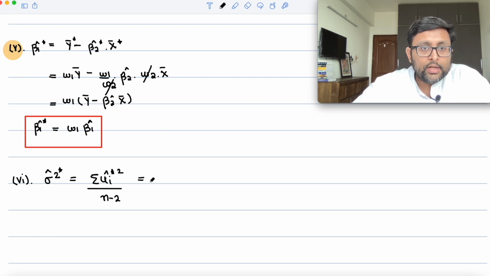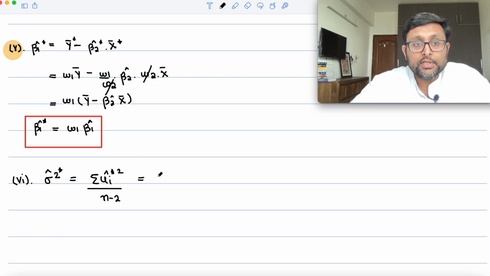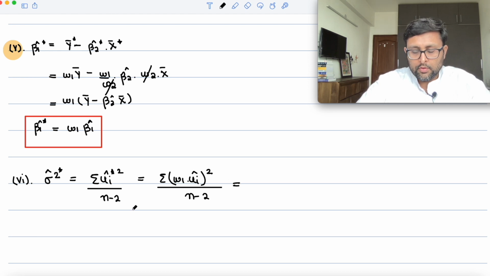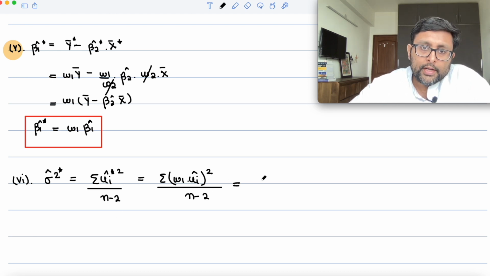What is ui hat star? You have just found this out above. W1 ui hat, whole square upon n minus 2. So I'll take W1 square outside.